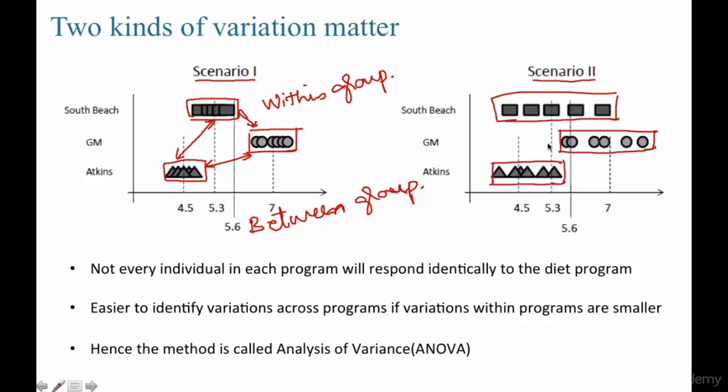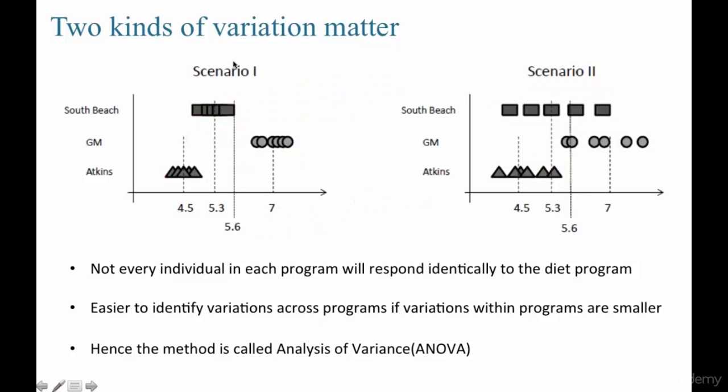However, here there is a lot of overlap, so you cannot differentiate the weight loss of a person assigned to Atkins from that of a person assigned to South Beach. You cannot differentiate the weight loss of a person assigned to South Beach from that of GM diet program. Hence, scenario 1 is a good scenario for us. And since we are also looking into variation alongside looking into the average, you call this analysis of variance.